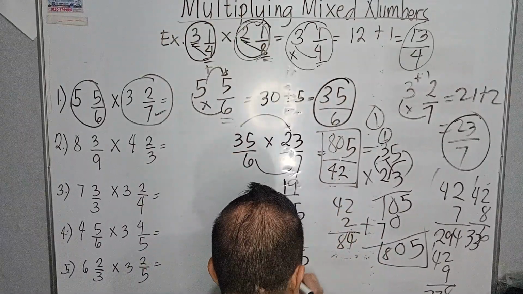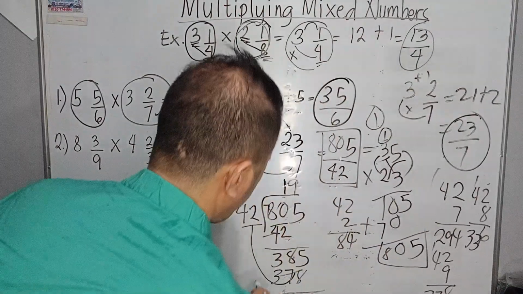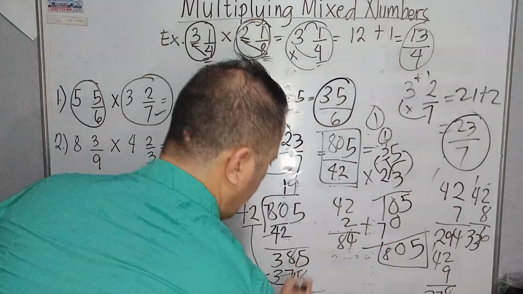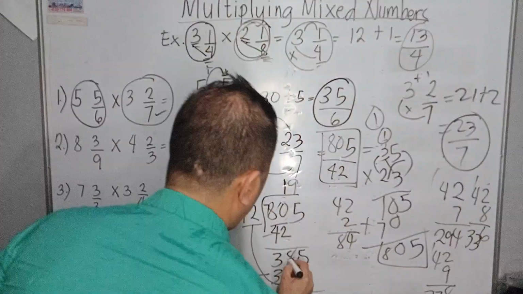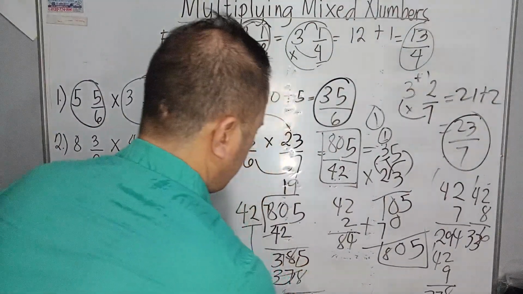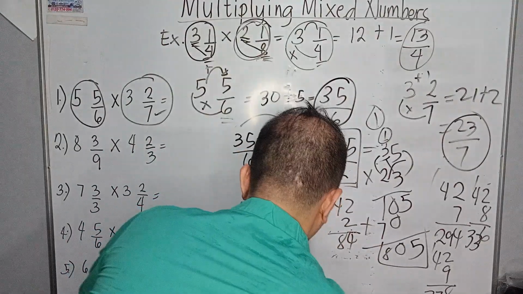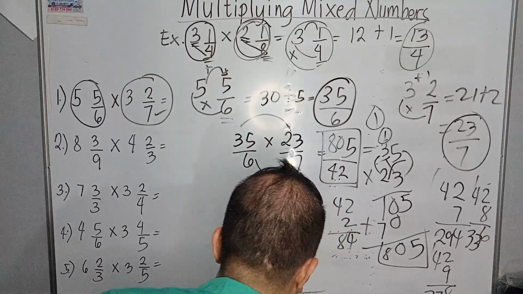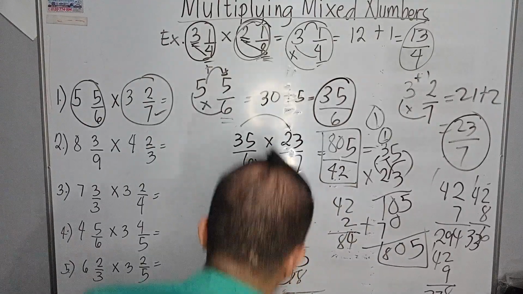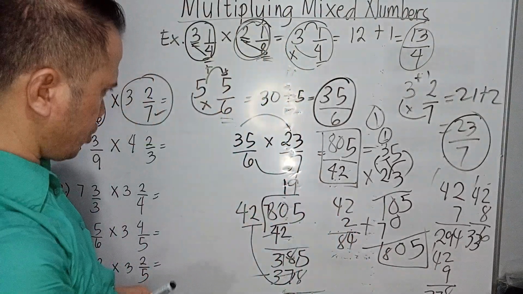So we have 378. So let's subtract it. 5 borrowed to 8, 8 becomes 7. So we have here 15 minus 8. So we have here the answer. So that's 7.